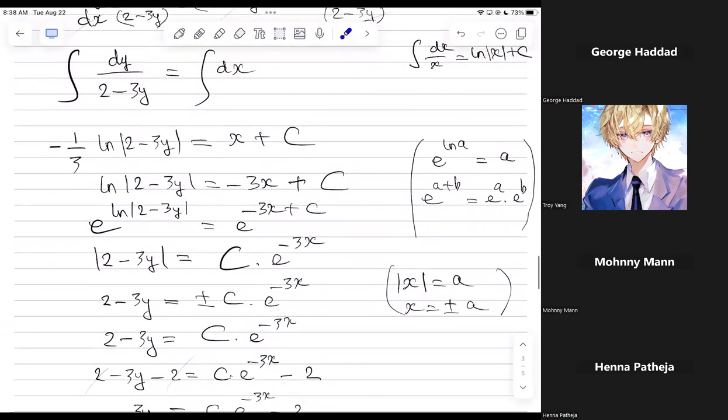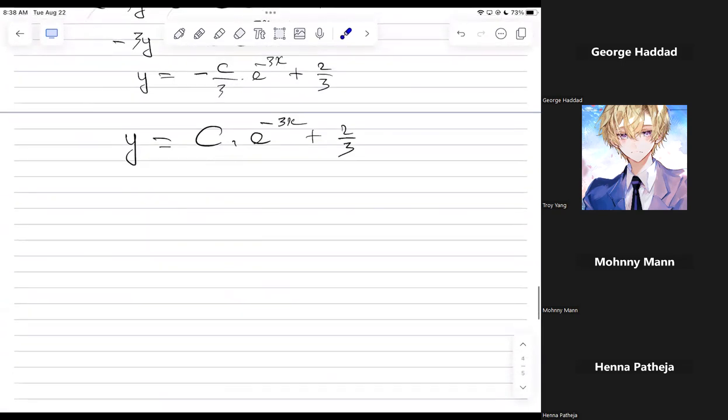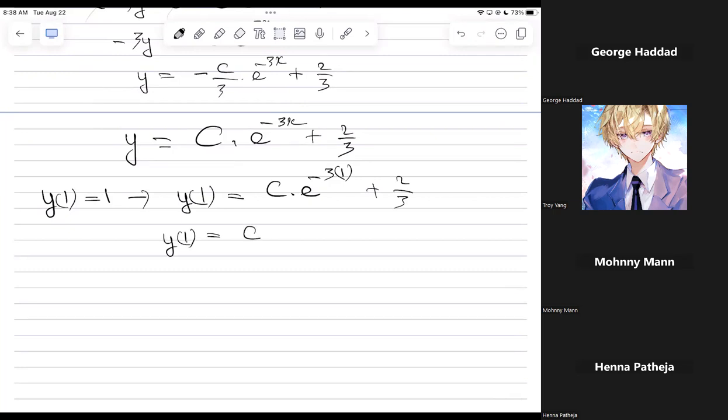The question gives you an initial condition, which is y of 1 equals 1. So you can plug in to find c. y of 1 means you replace x by 1. So y of 1 equals c e to the -3 plus 2/3, and that one equals 1, right?